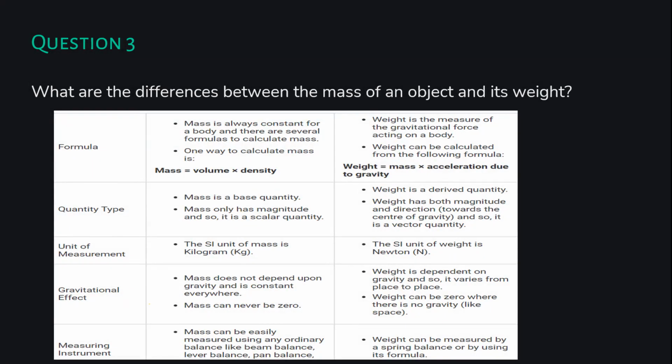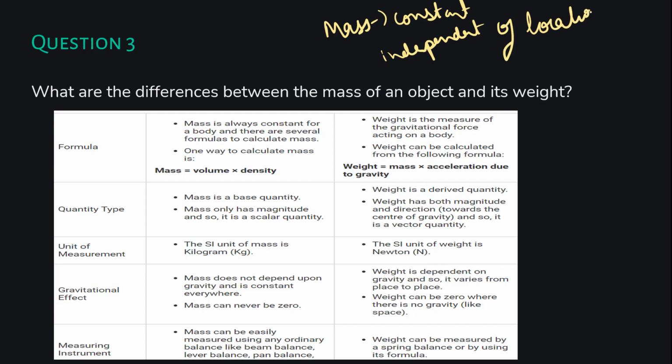So let's do this question. What is the difference between the mass of an object and its weight? It's a very, very simple question. We know that mass is a constant value. Mass is independent of location. Mass is the same everywhere.